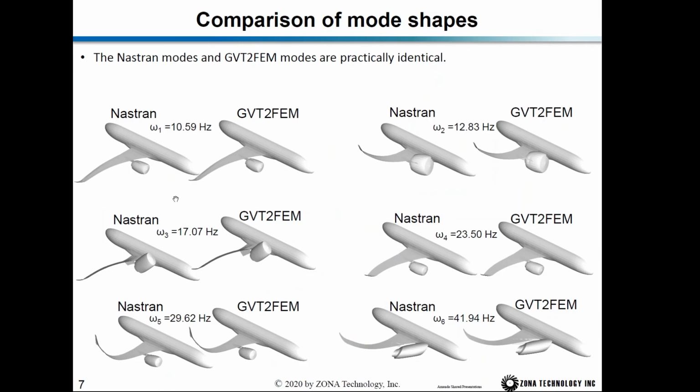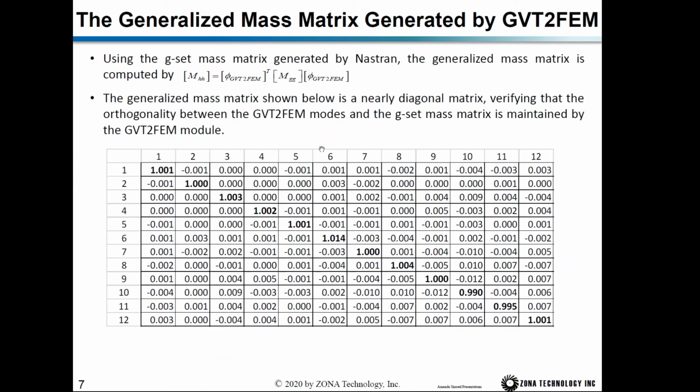Then we can compare those two sets of modes, and you can see the spline module did a good job. Then we compute the generalized mass by using the GSAT mass pre- and post-multiplied by the phi GVT to FEM, and you can show that the generalized mass is a nearly diagonal matrix.